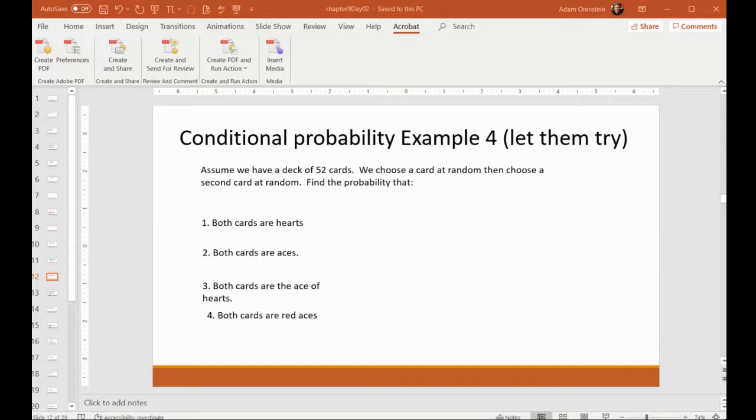How many ace of hearts are there? You can type in the chat. I can see the chat now. I made the slide smaller. How many ace of hearts are there in the deck of cards?